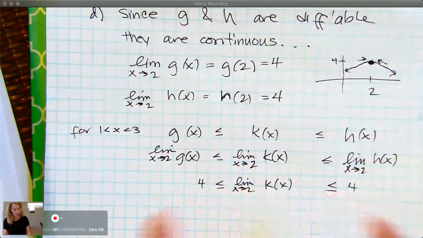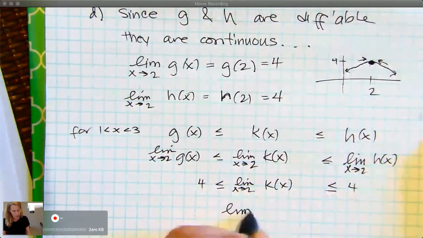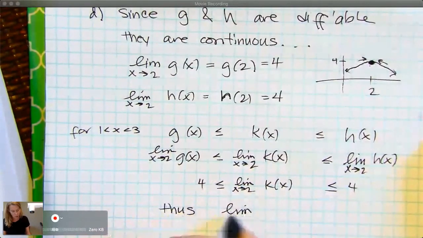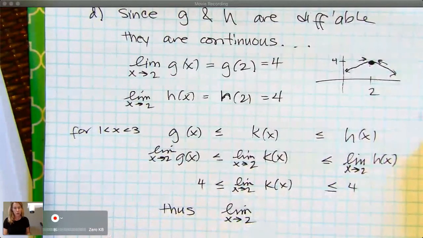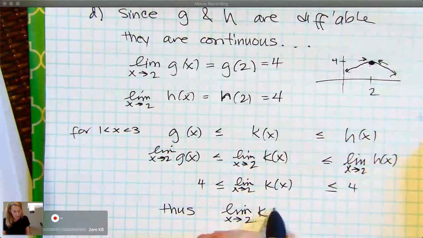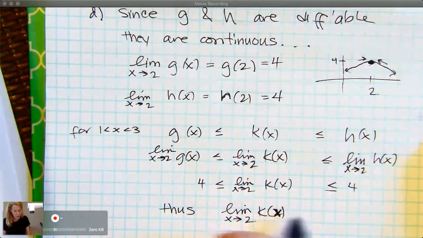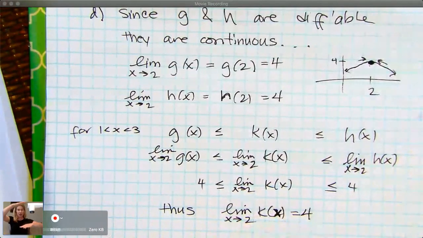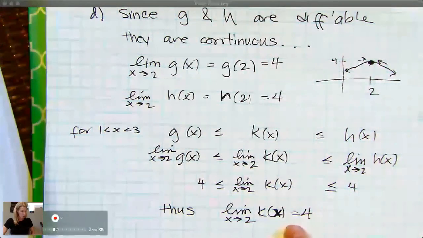Therefore, this has to equal 4. Thus, there's no other way to interpret it but that the limit as x approaches 2 of k of x is equal to 4. It got sandwiched, it got smushed, squeeze theorem, so we know that is true.